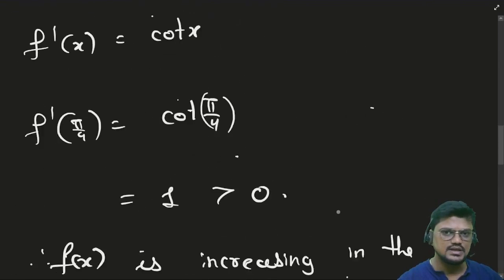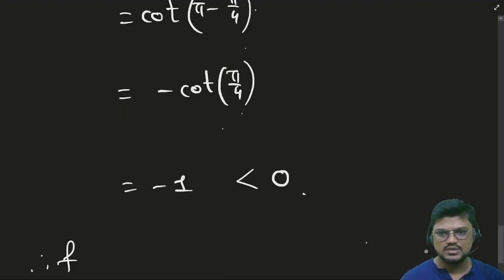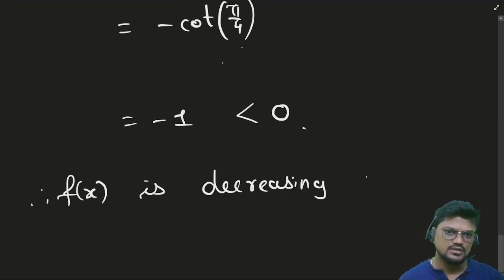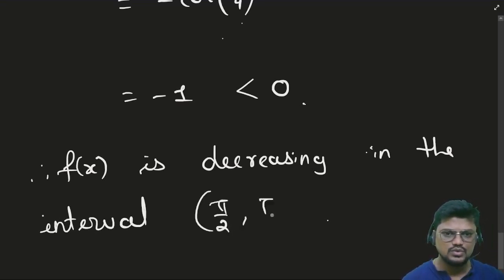Therefore, f of x is decreasing in the interval pi by 2 to pi, and that's what is required.